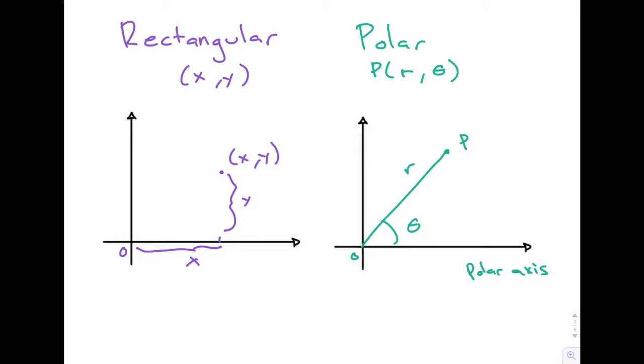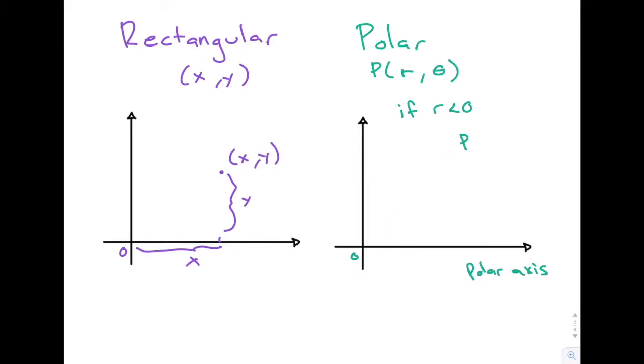R, if it's positive, we draw the length r out to find the point P. And if r is negative, we need to do something a little bit different. We'll trace out the angle theta and then go the distance r in the opposite direction. So if r is less than 0, we'll trace out like this.